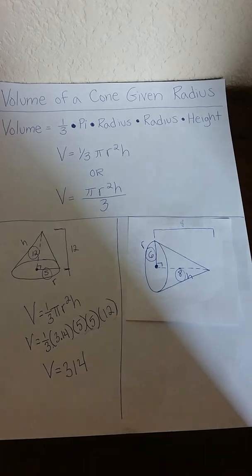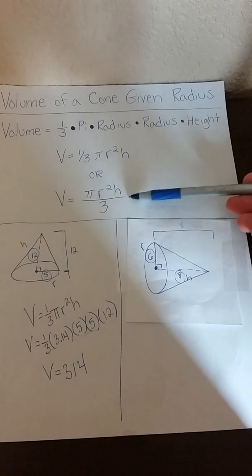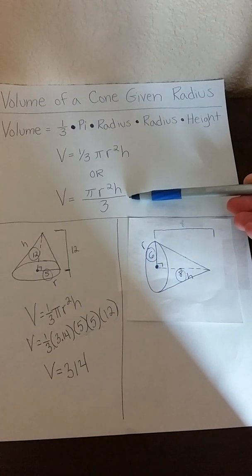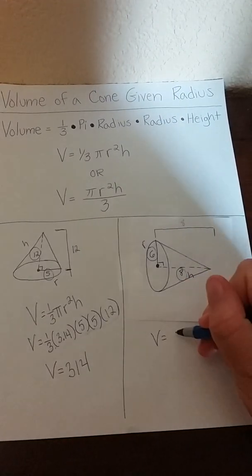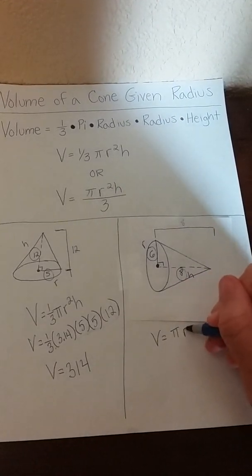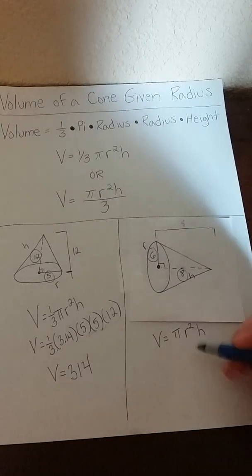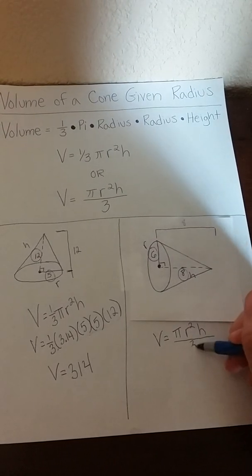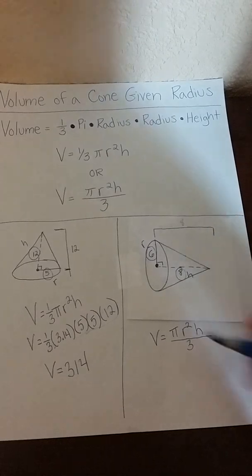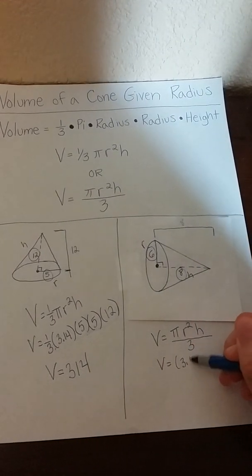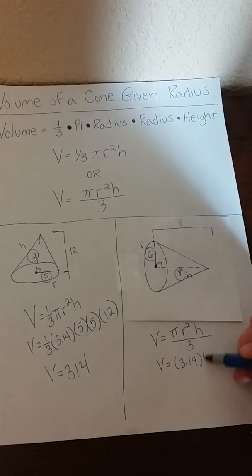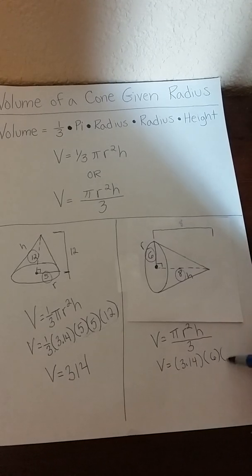I'm going to pretend that I'm using this formula because my calculator can't do fractions. So I'm going to do volume equals pi radius squared height all over 3. I'm going to plug things in. So volume equals 3.14. Radius squared would be 6 times 6.